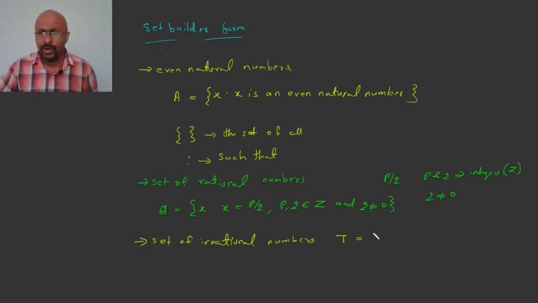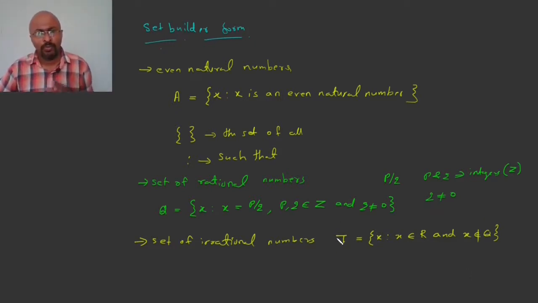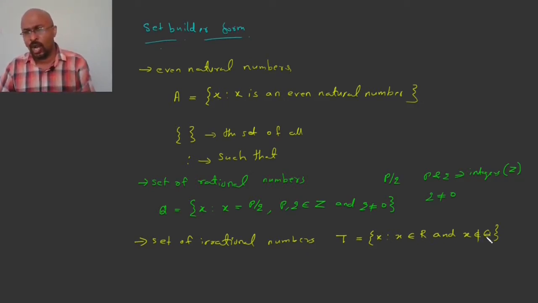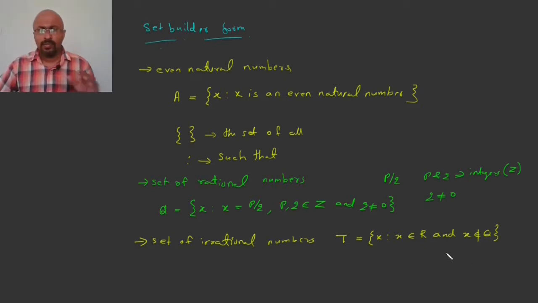And that is equal to set of all x such that x belongs to R and x does not belongs to the set of rational numbers, that is Q. So, we represent set of irrational numbers in set builder form as set of all x such that x belongs to R and x does not belongs to Q. What is this?